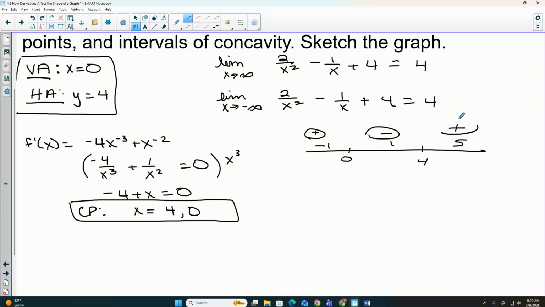And you can certainly use a calculator if you need to on that. So we see it's increasing from negative infinity to 0, and 4 to infinity. Decreasing between 0 and 4.